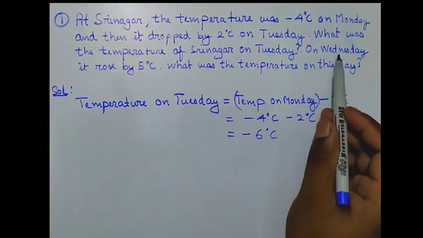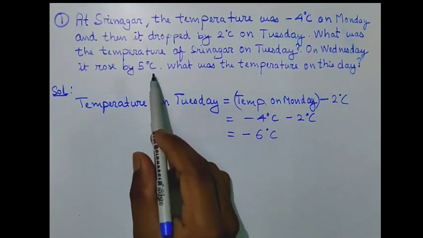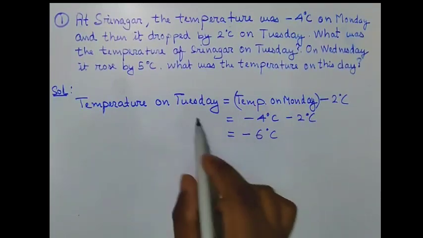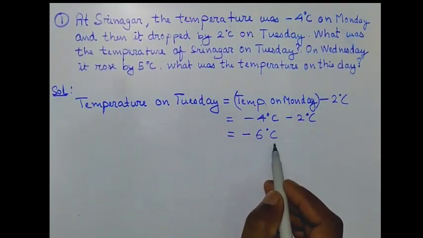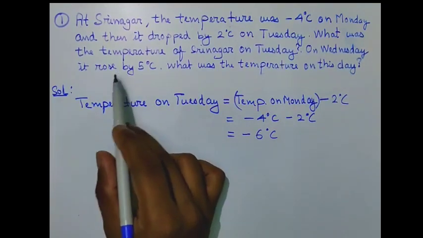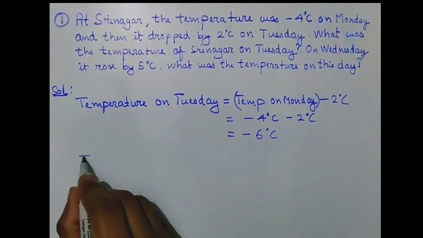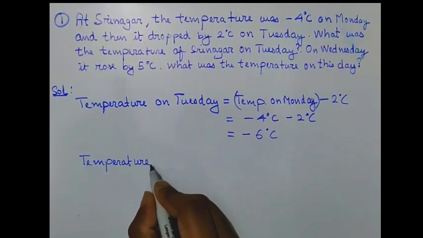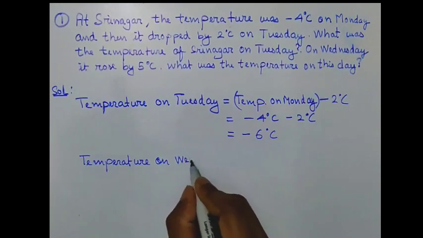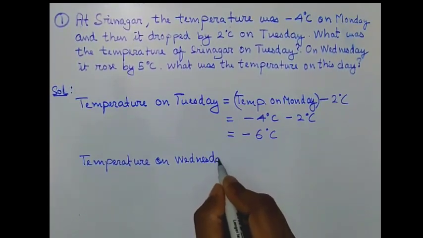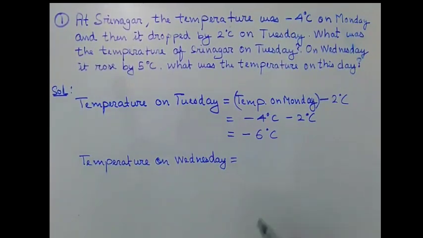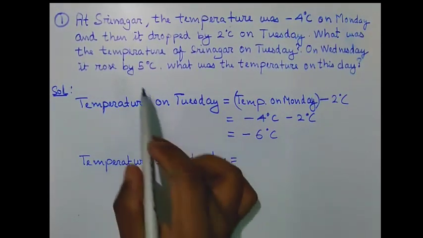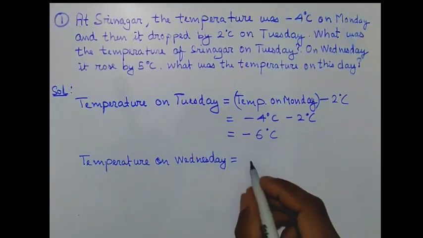Now they say on Wednesday it rose by 5 degrees Celsius. What was the temperature on this day? So now the temperature at present on Tuesday is minus 6 degrees Celsius. Now the temperature, they say, is rising. So temperature on Wednesday will rise, so we'll simply add 5 degrees Celsius to the temperature on Tuesday.